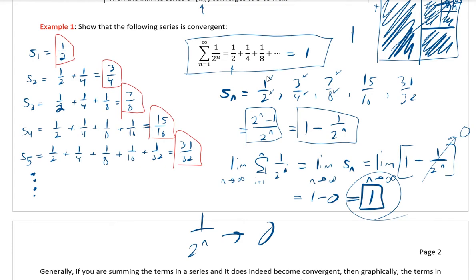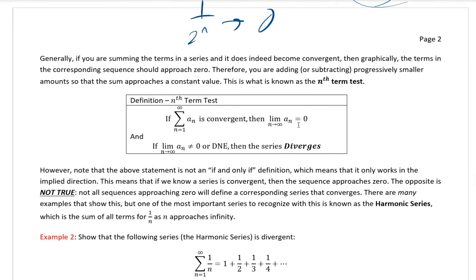They're getting really, really small. However, the direction of that is very important. If we know a series is convergent, then the limit of the sequence is going to be 0. So the values themselves are getting smaller and smaller. That way they all are getting arbitrarily close to some overall limit.